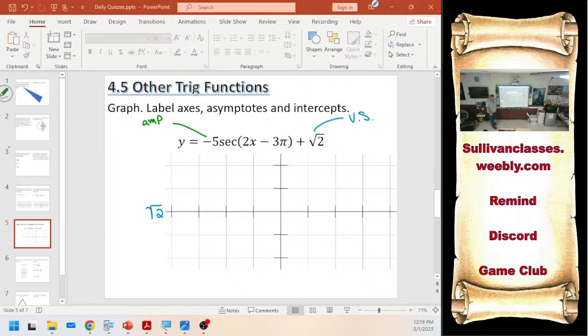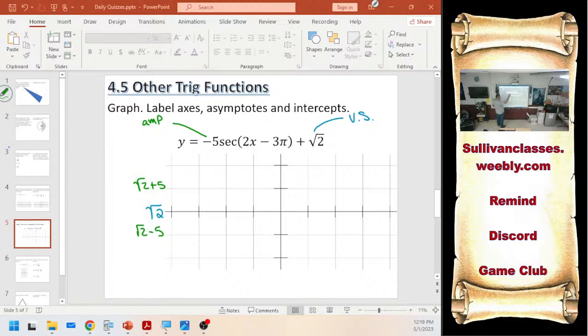And you should have seen, especially with the tangent ones, when I showed you how to fit this kind of graph to someone else's axes, sometimes you end up with compound numbers on there. So this just becomes square root of 2 plus 5, or 5 plus square root of 2, and square root of 2 minus 5, or negative 5 plus square root of 2. Either one works, fine.